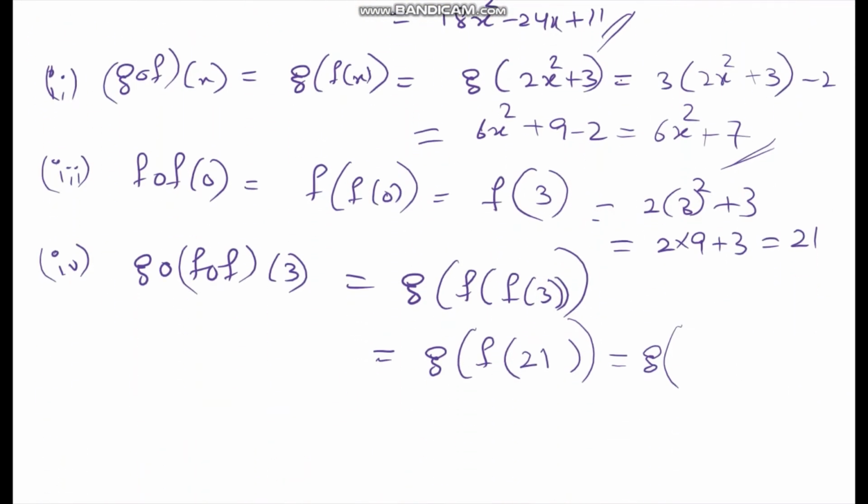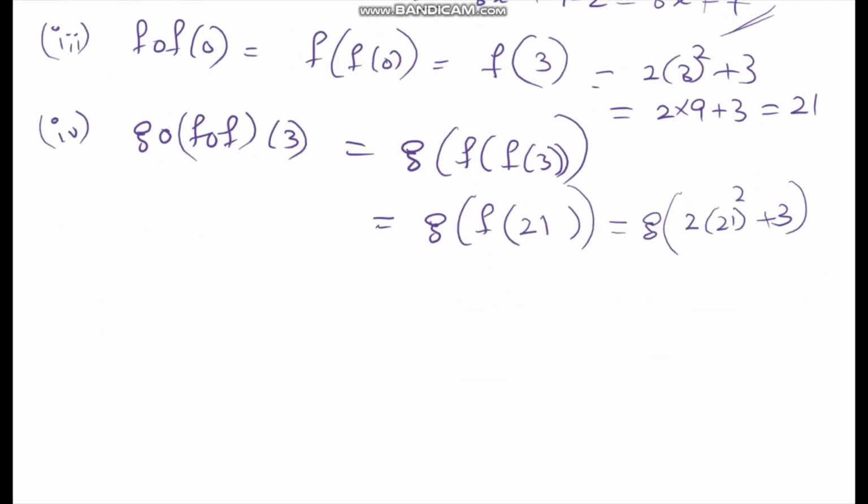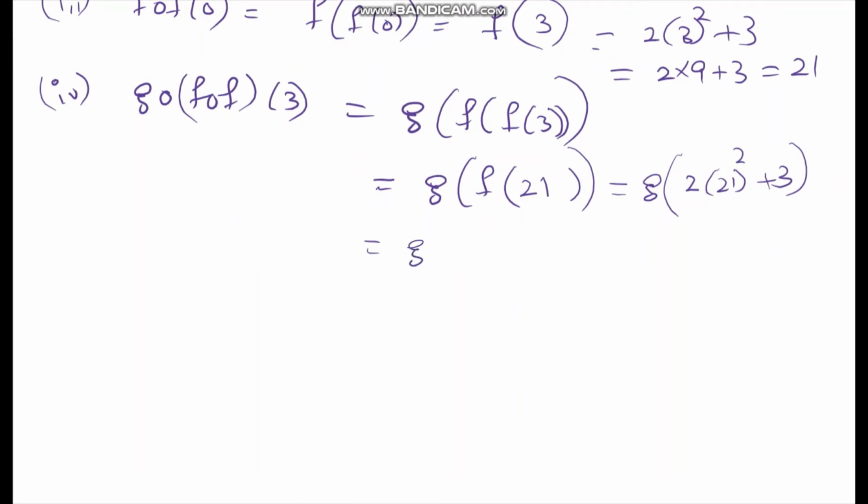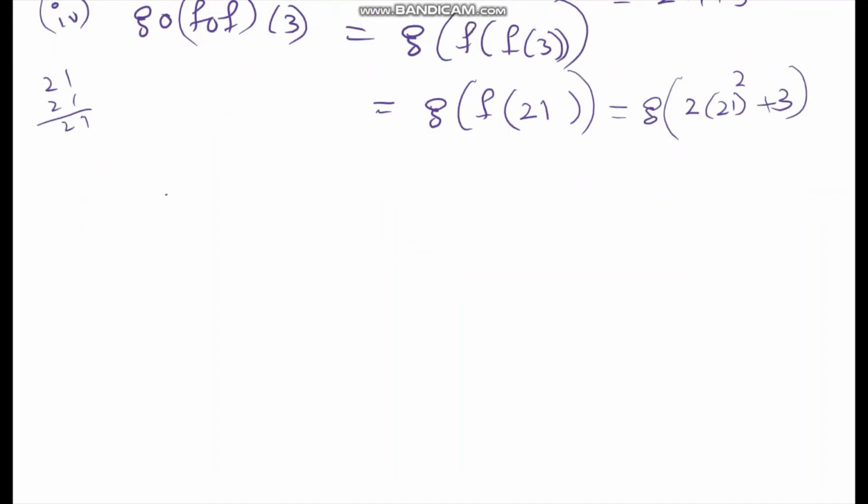f of 21 is 2 into 21 square plus 3, that equals g of, 21 square is 441. 441 into 2 is 882.